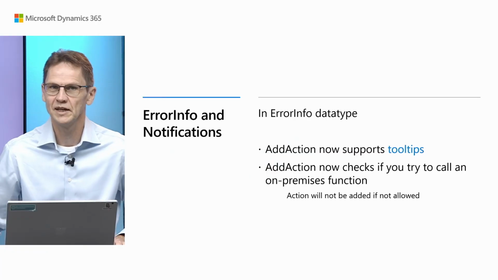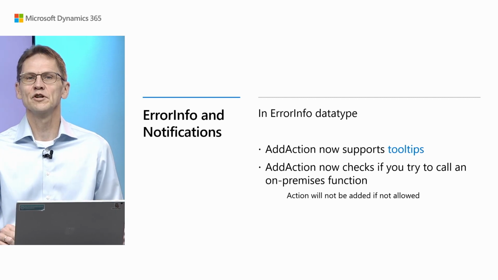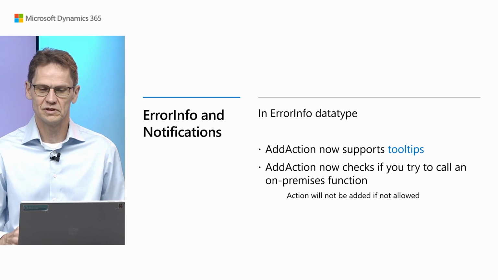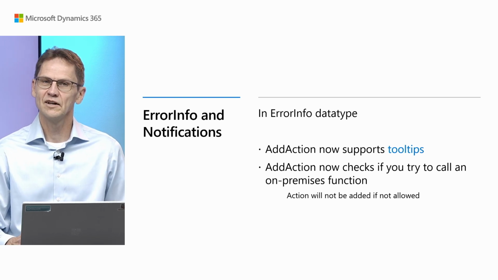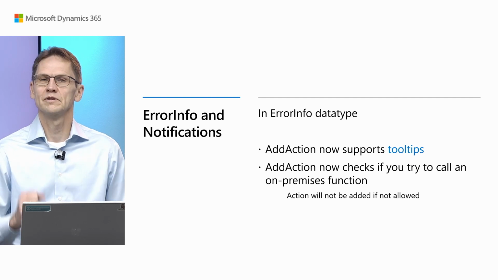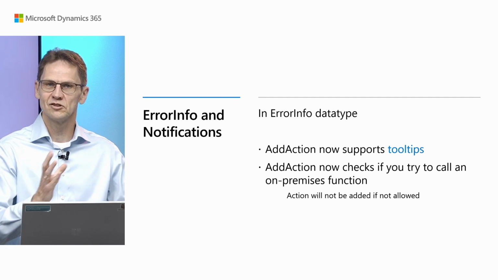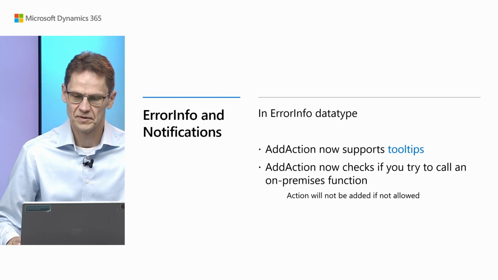The first one here is about a small extension we've done to the ErrorInfo data type. As you know, we're investing in how you can present errors to customers in a more intuitive way. And now the ErrorInfo AddAction method supports adding a tooltip so that the user can get further information about the actions he or she can perform from the shown error dialog.